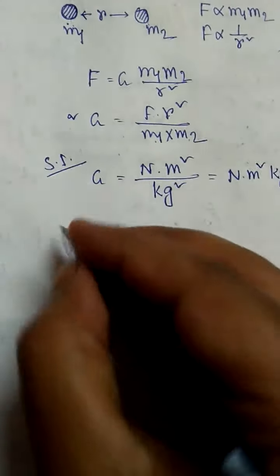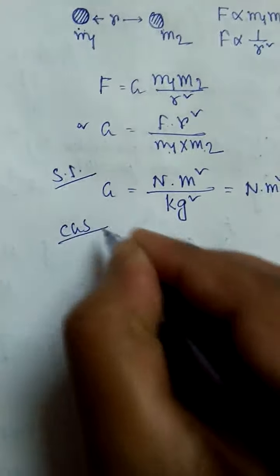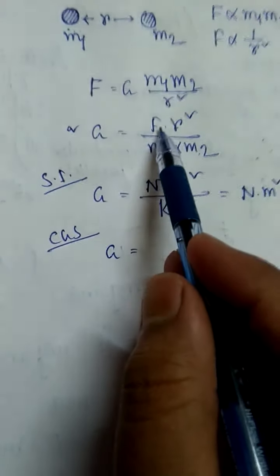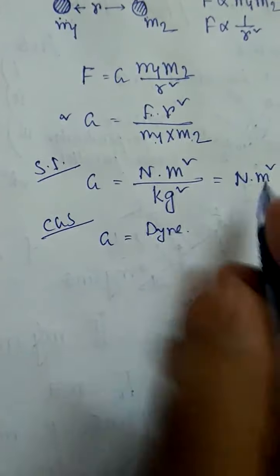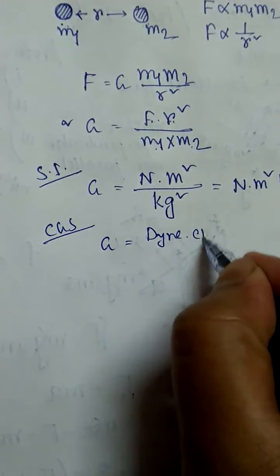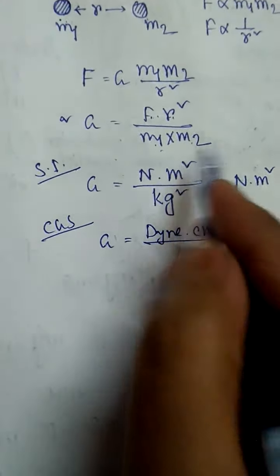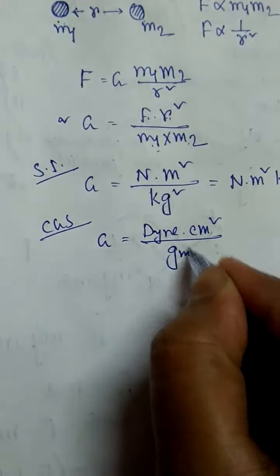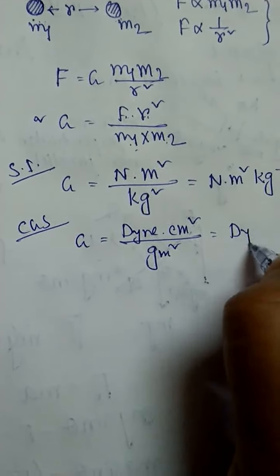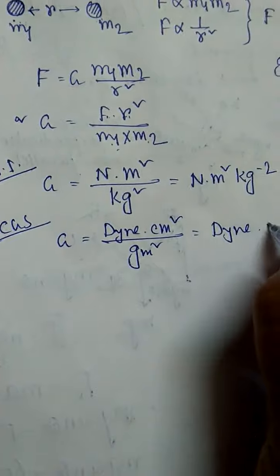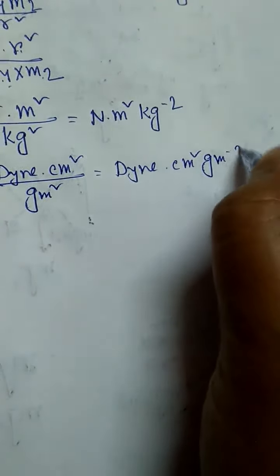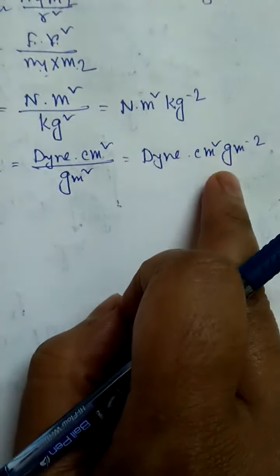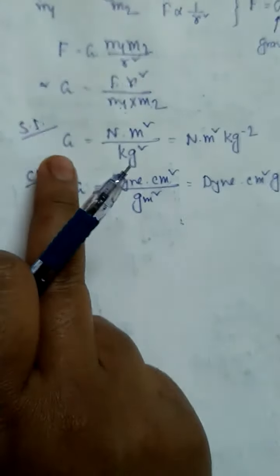If we want to find the CGS unit, what will it be? The unit of force is dyne in CGS, the unit of distance is centimeter square, and the unit of mass is gram square. So the unit will be dyne centimeter square gram to the power minus 2. This is the CGS unit. Now what is the value of G?